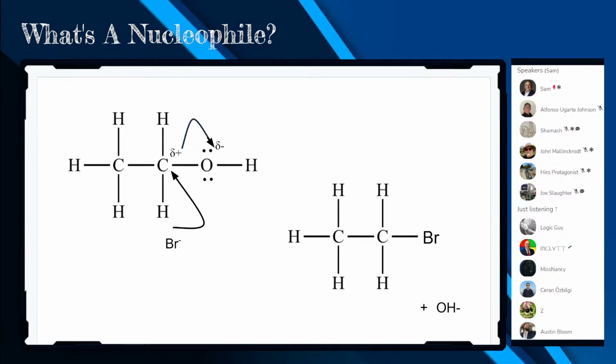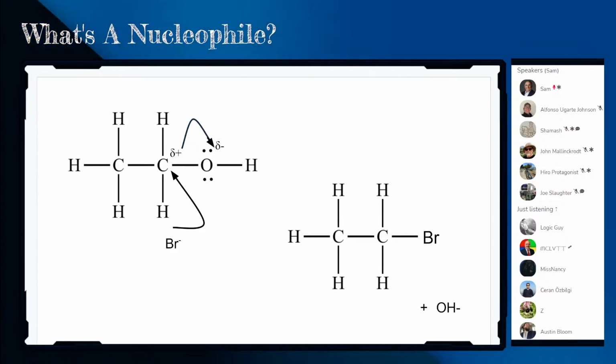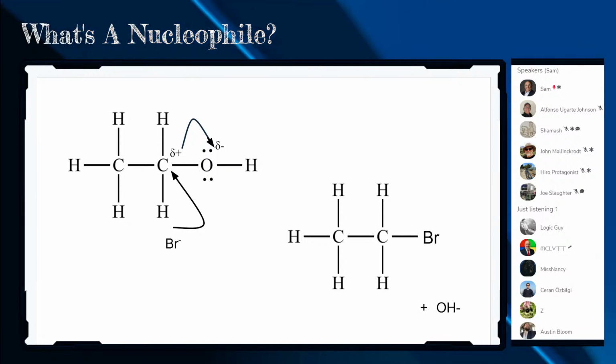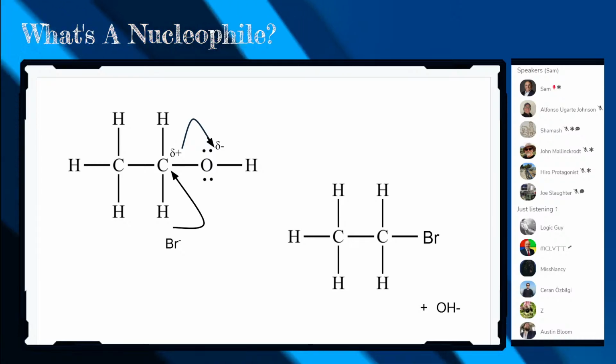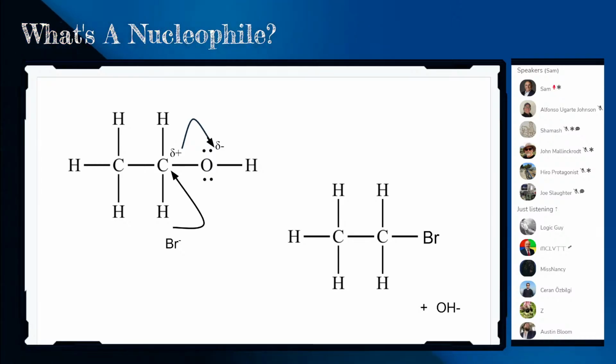That is, you start with an alkyl halide like this ethyl bromide, and you react that with nucleophiles to make things. So this is why alkyl halides, any organic group like ethyl, methyl, pentyl, whatever, attached to a halogen, like chlorine, bromine, iodine.